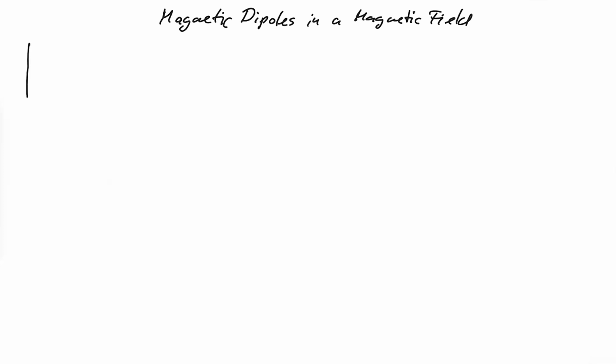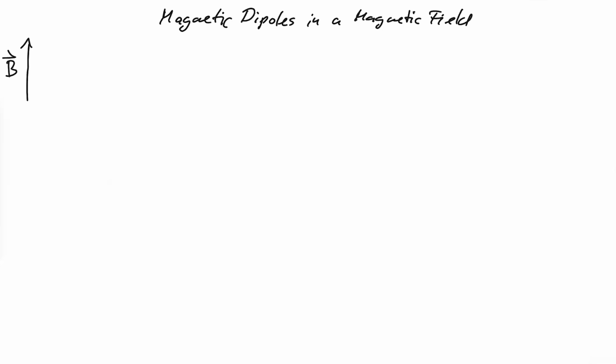So now we're coming to some basic physics, and we simply take the magnetic dipoles that are in a magnetic field. And if you draw a little picture, then, for example, we have here the magnetic field B, and then we have our magnetic dipole.